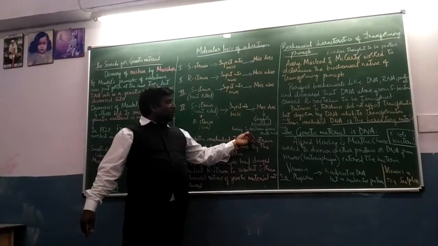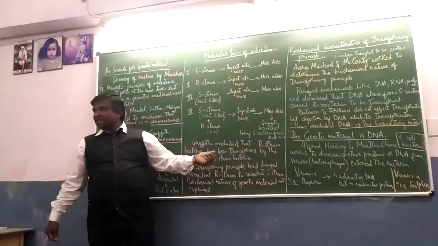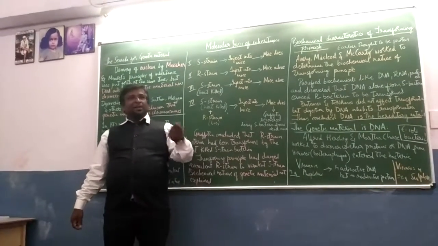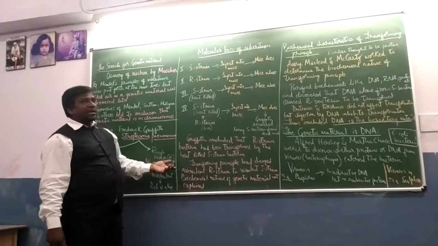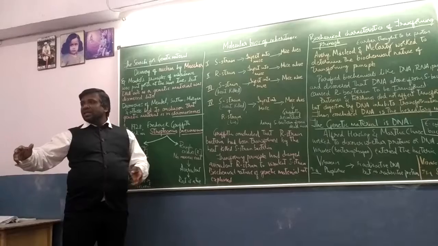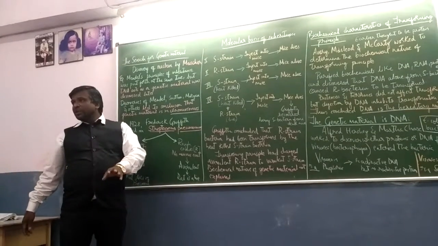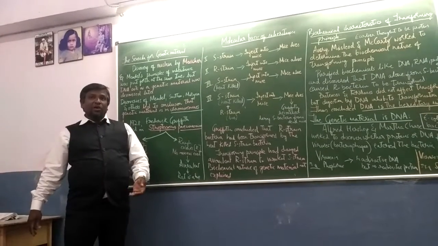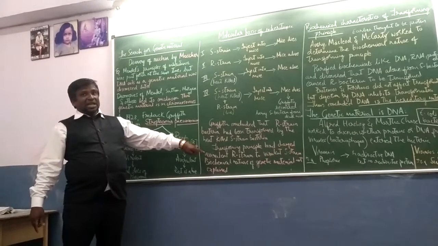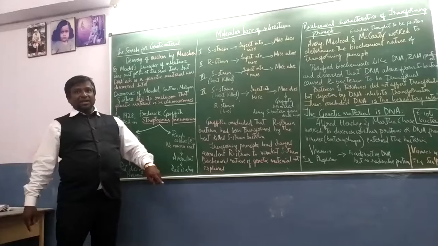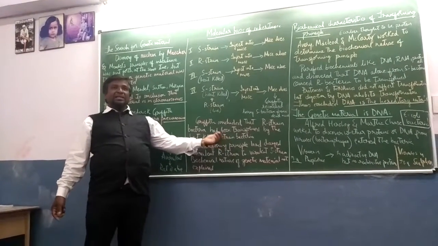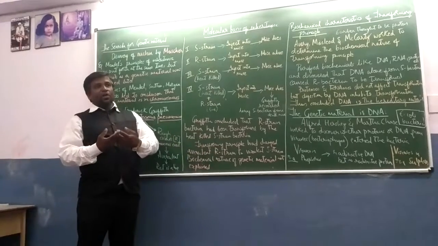So Griffith concluded that the R strain, avirulent and not pathogenic, was transformed into the virulent form by the heat-killed S strain bacteria when they were in combination.